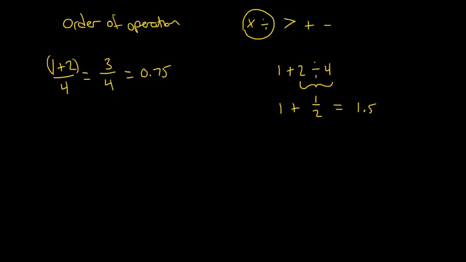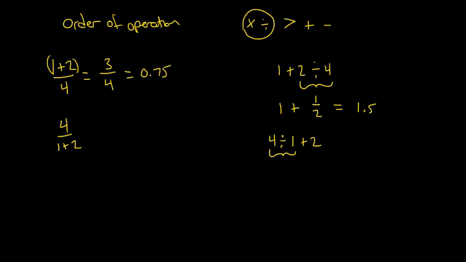Let's see another example. So in this case, we have 4 divided by 1 plus 2. Okay, so again, you can set this up incorrectly if you plug things directly into your calculator without giving it a little bit of thought. So if you were to put this into your calculator exactly the way that you say it, then the answer will end up being incorrect. 4 divided by 1 plus 2.